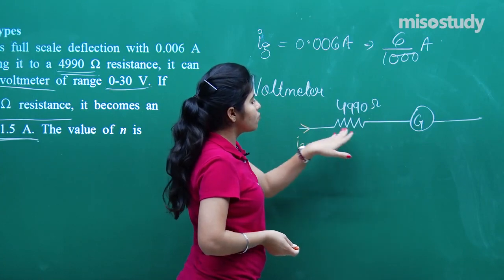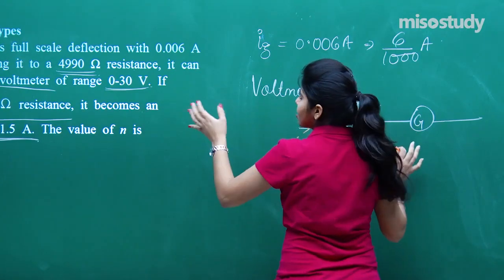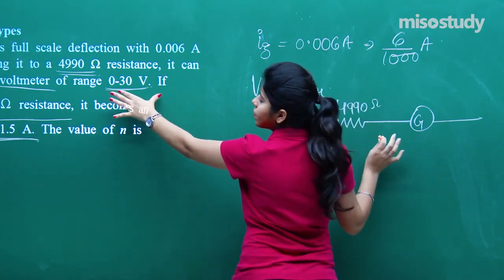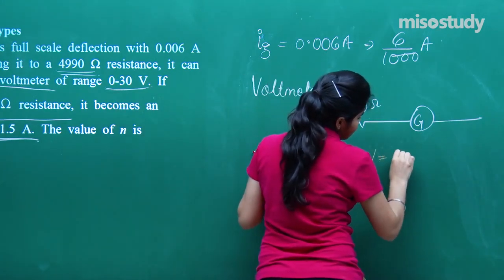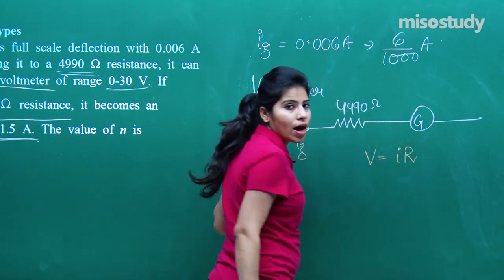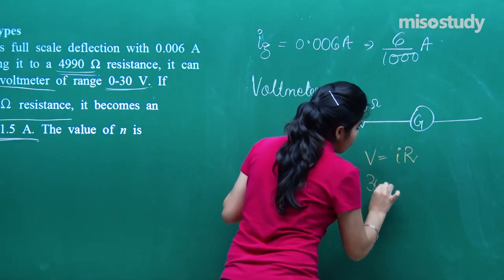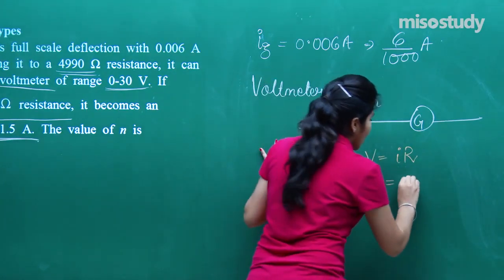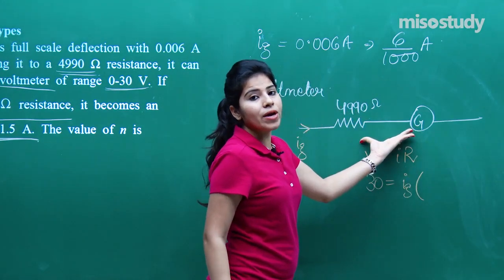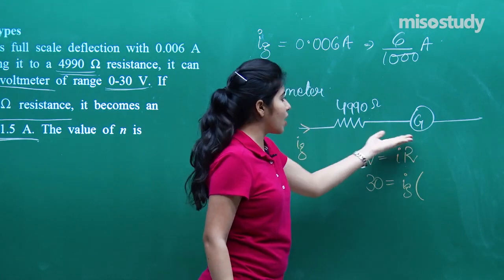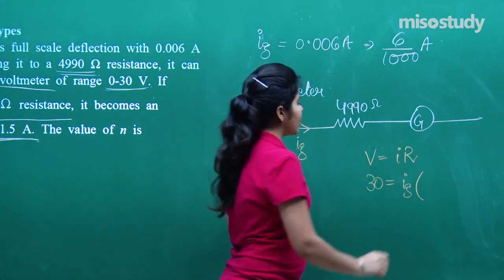Now it is giving the 30 volt range. So I can write V equals I into R. My V is 30 volt, I is Ig, and the total R now becomes G plus 4990.